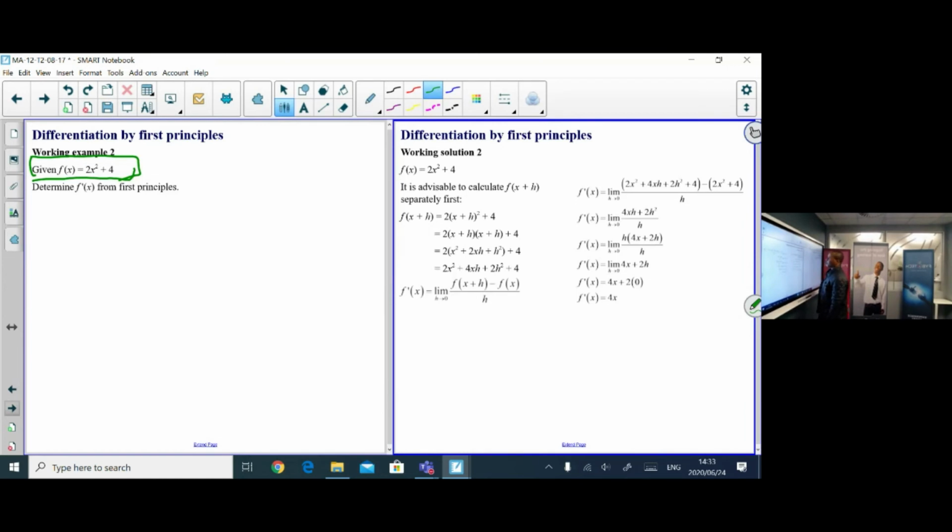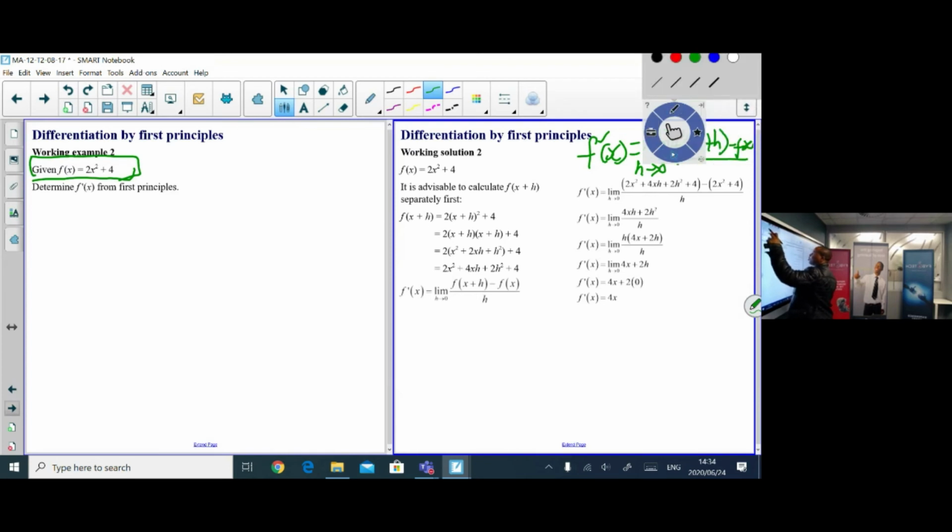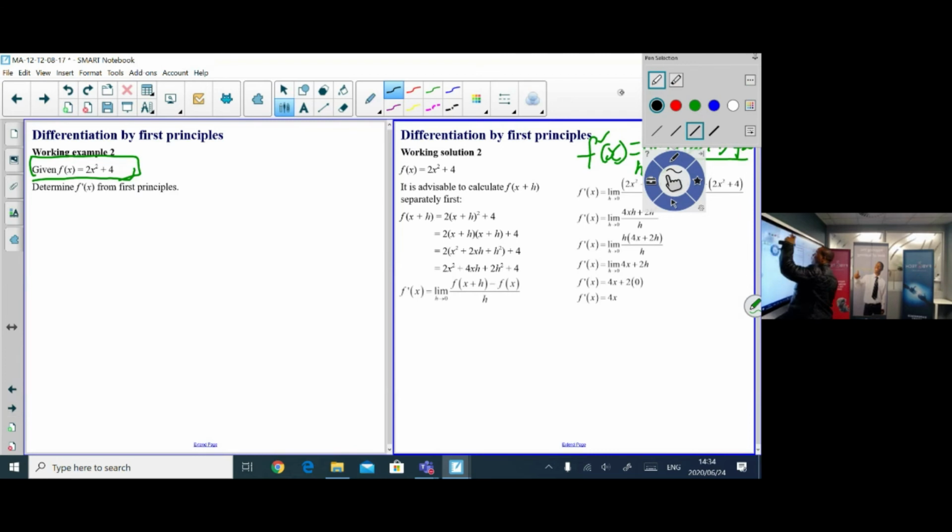That formula was to say f prime of x is equal to the limit as h tends to 0 of f of x plus h minus f of x, all over h.